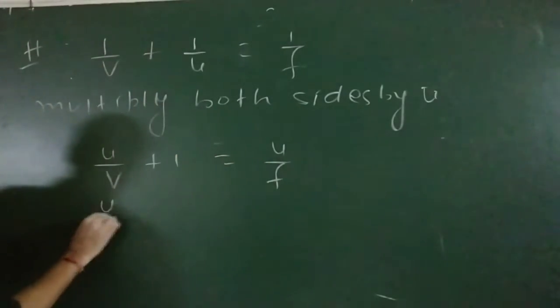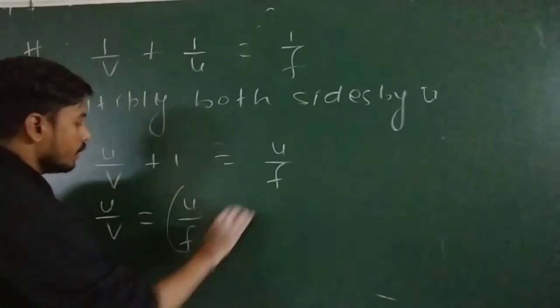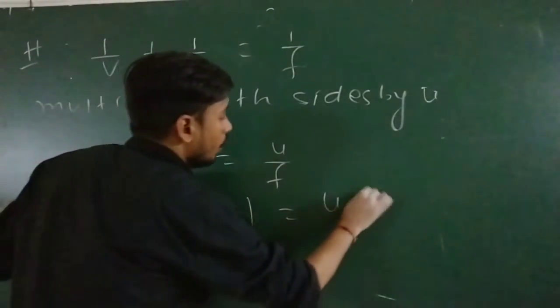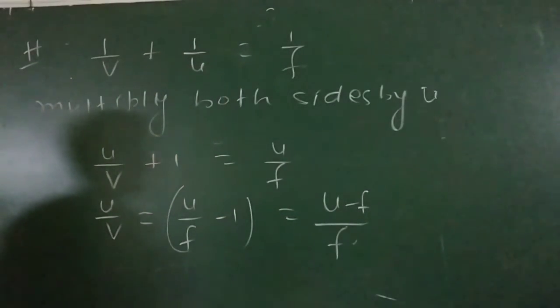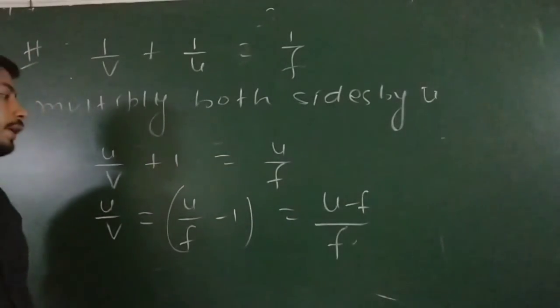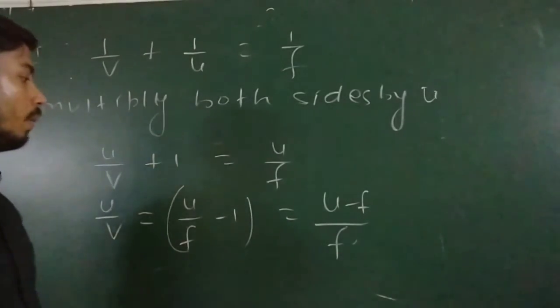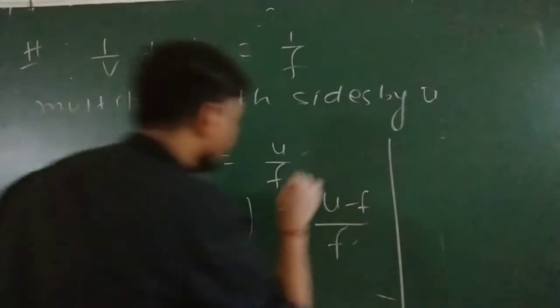So U by V becomes U by F minus 1. Solve this one. So U minus F by F will come here.